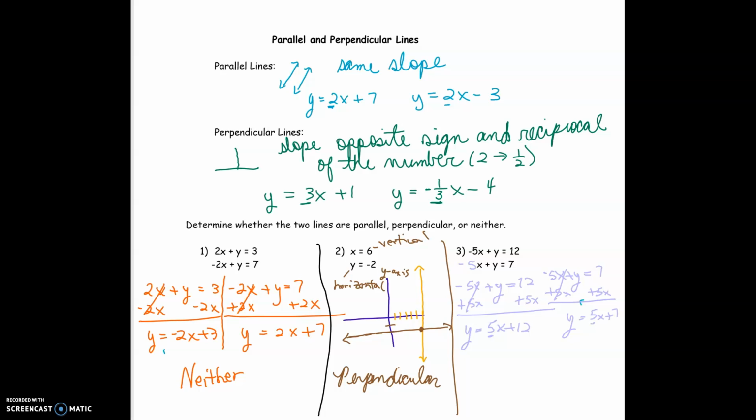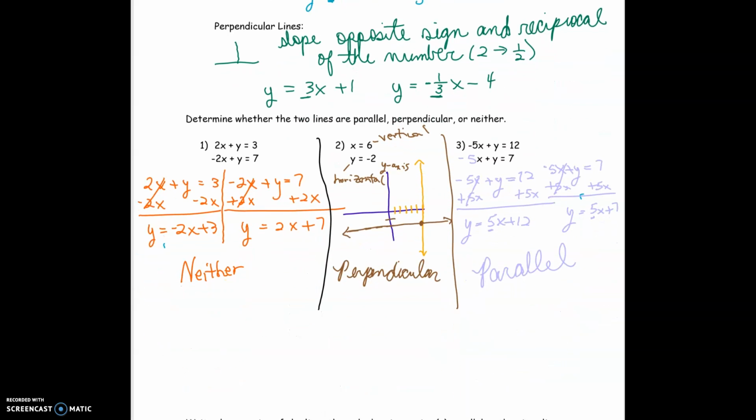So look, my slopes are the same. Now, they weren't originally, and I was trying to trick you a little bit, but it probably would be great for you to have an example of parallel. So then these are parallel. So I could ask you a quiz question, maybe just ask a question in class, and I need you to understand when it's neither, when it's perpendicular, and when it's parallel. How do I know that?